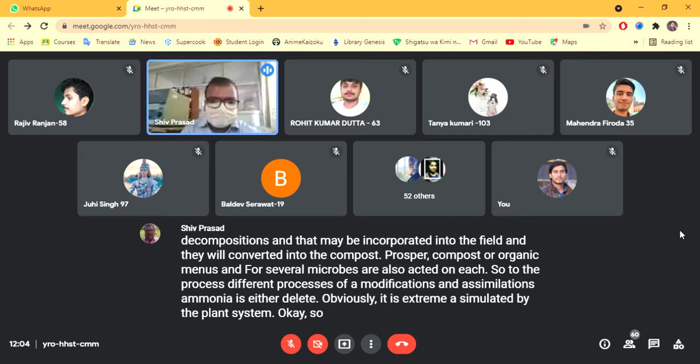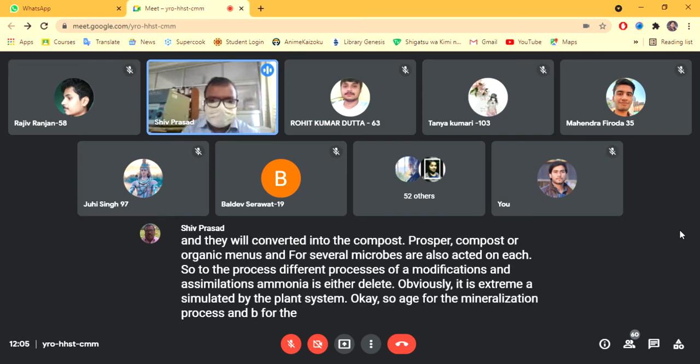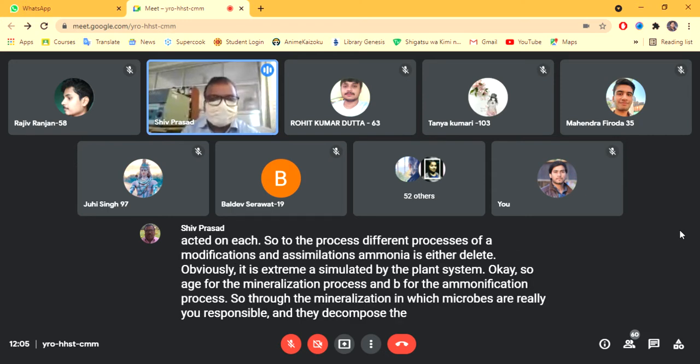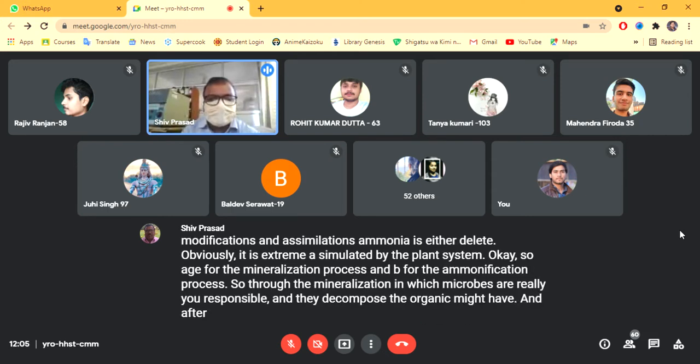Okay. So A is for the mineralization process and B for the ammonification process. Through mineralization, in which microbes are mainly responsible, they decompose the organic matter, and after decomposition, mineralization takes place and ammonia is released.